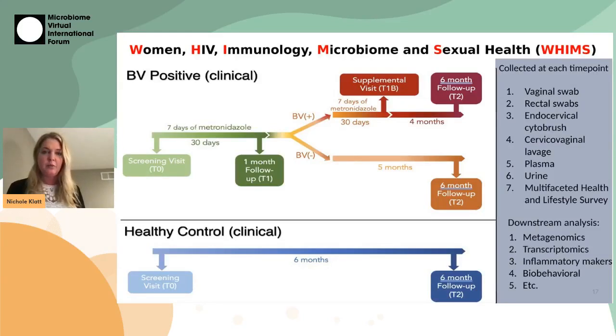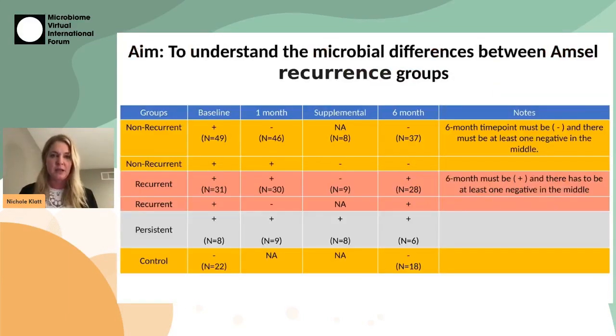But at each time point, we have a very comprehensive sampling list, both vaginally, and then we get rectal, urine, plasma, etc. And we do a multitude of different surveys to look at health and lifestyle and behavior. And then we're doing a lot of metagenomics, transcriptomics, et cetera, in the lab. I don't have time to go into depth with a lot of this, but just want to give you some highlights. So we broke down women from these groups into basically if they recurred or they had non-recurrence.